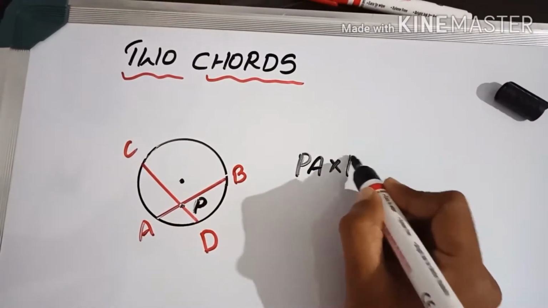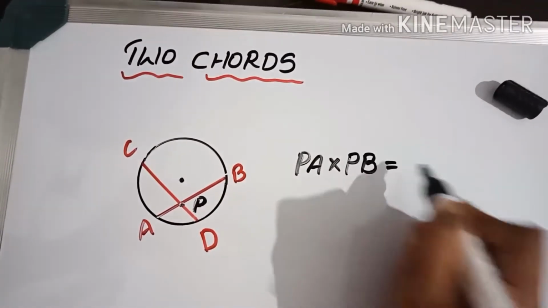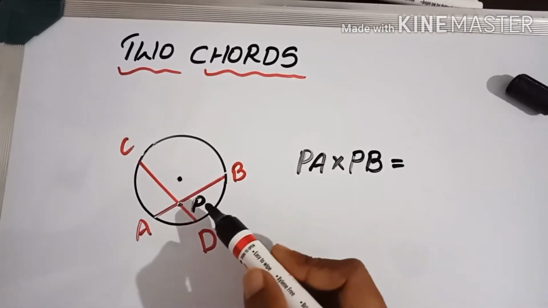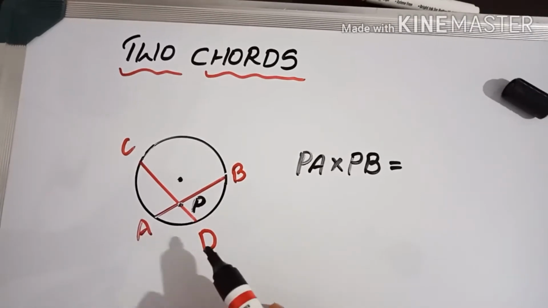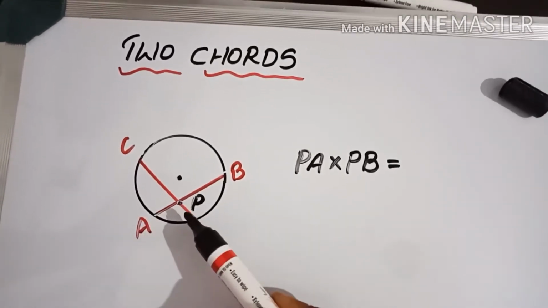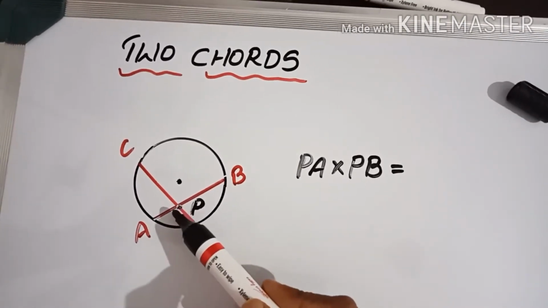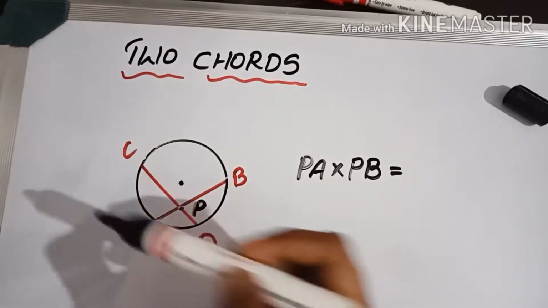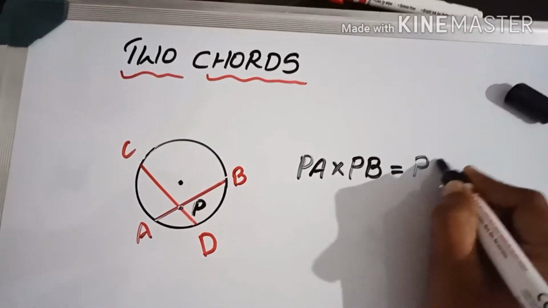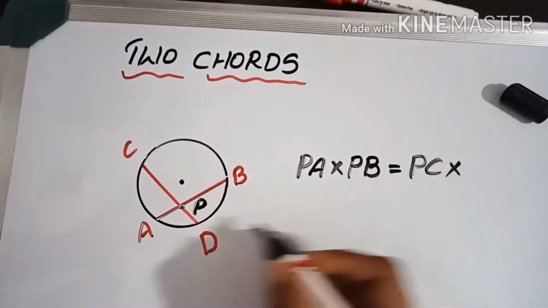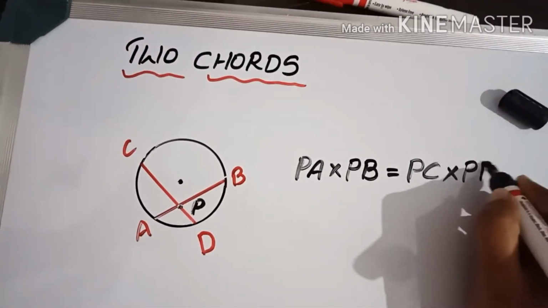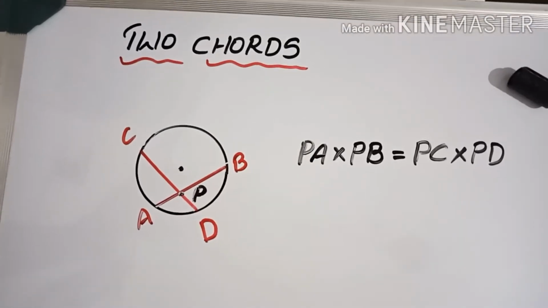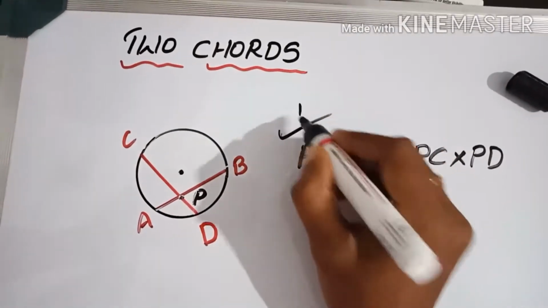So PA into PB is equal to the product of parts of the second chord CD, which from the point P are PC and PD. So PA into PB equals PC into PD. This is the first concept.